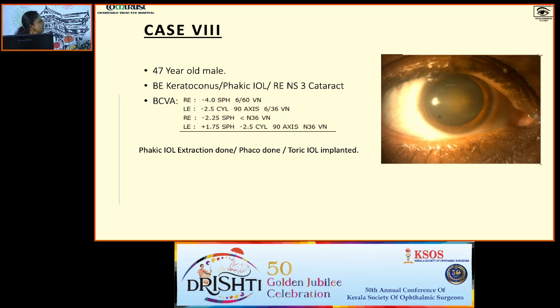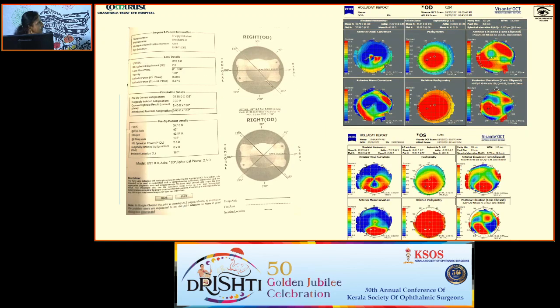Now, this patient had undergone LASIK, developed ectasia, underwent phakic IOL implantation, and had come with NS3 cataract. So we did a phakic IOL explantation and a cataract surgery, and this was the patient's best corrected visual acuity when he came to us. This is the patient's topography picture.